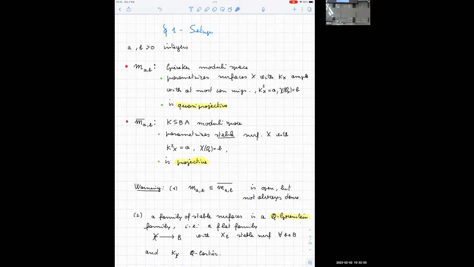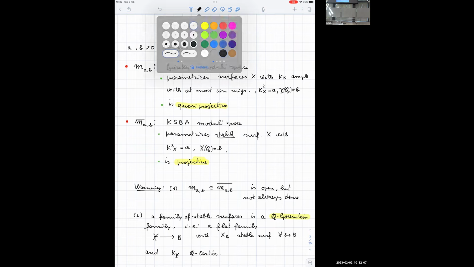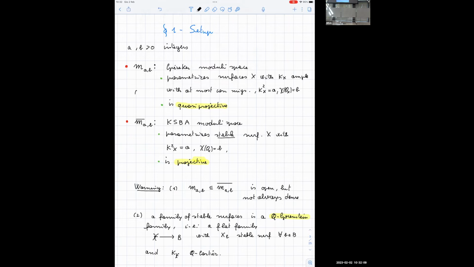But the Gieseker moduli space is contained in the KSBA moduli space. And the Gieseker moduli space is a quasi-projective variety, while the KSBA moduli space is projective. So we talk about a compactification.